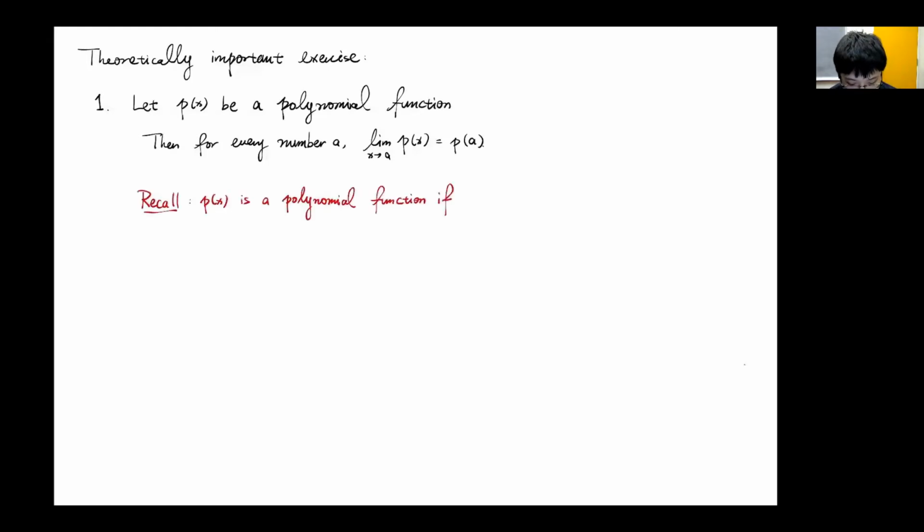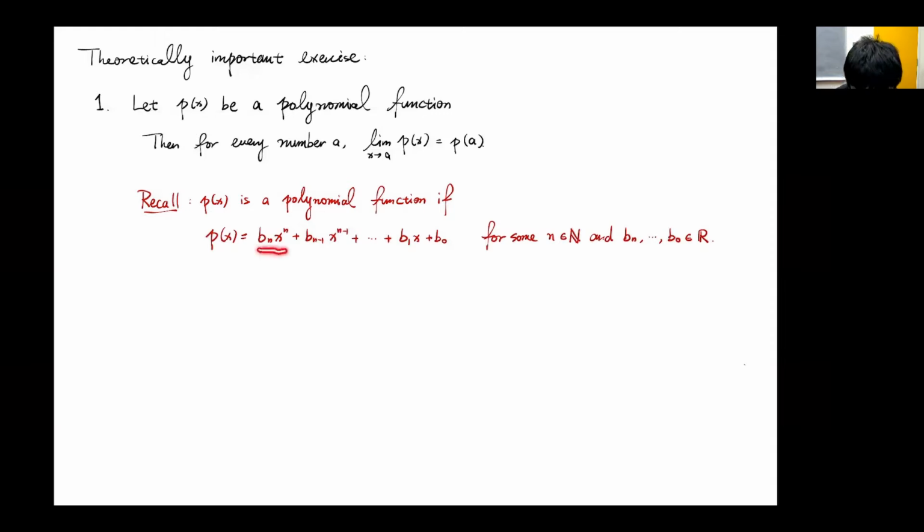We say p of x is a polynomial function if p of x can be written as b sub n times x to the n plus b sub n minus 1 times x to the n minus 1 power plus all the way down to the power of x becoming 1, namely b sub 1 times x plus b sub 0, which is the constant term.